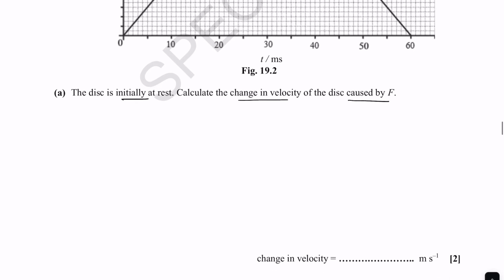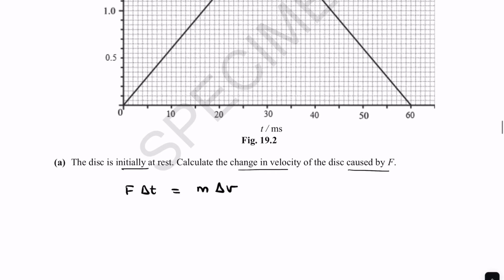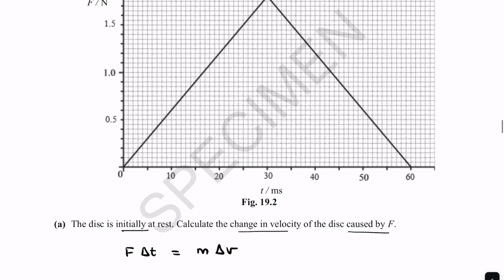So we know that force times delta t, or the impulse, is equal to the change in momentum, or mass times the change in velocity in this case, which is what we are calculating. And the force times delta t is essentially the area under the graph, which can be easily calculated using the formula for a triangle.